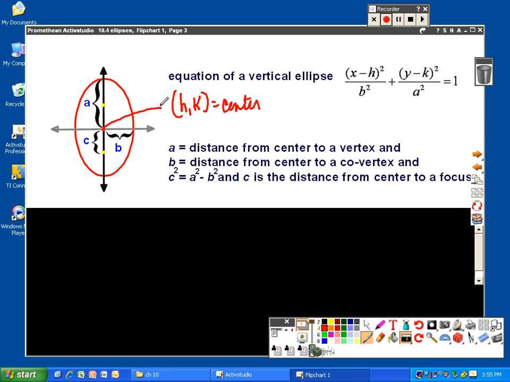The distance from the center to a point on the ellipse, which they will call a major vertex, is a. From the center on the minor axis, which they call a covertex, is b.